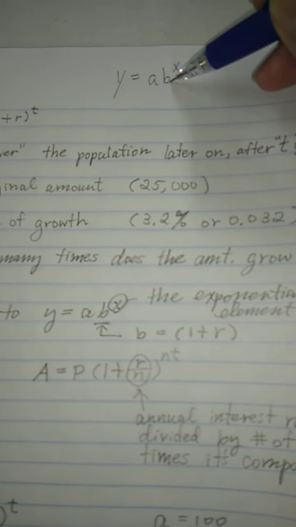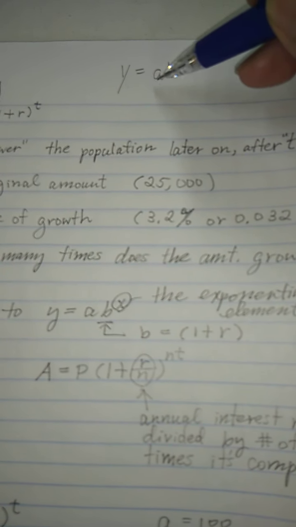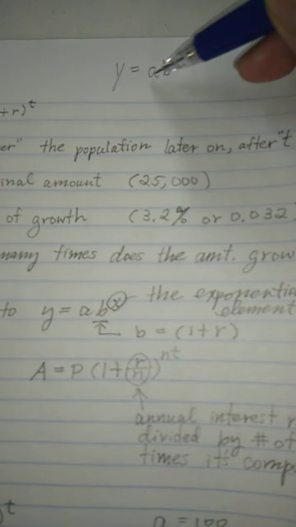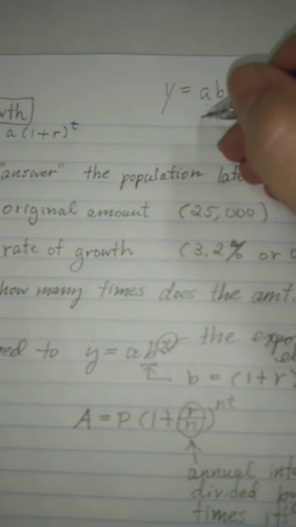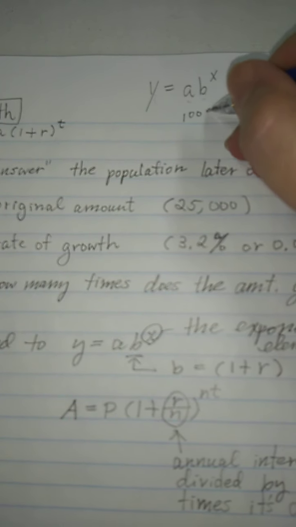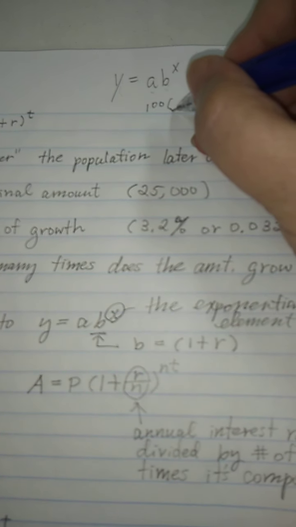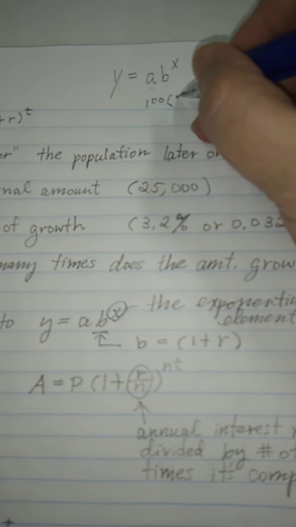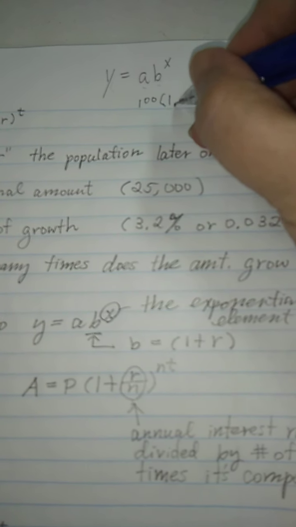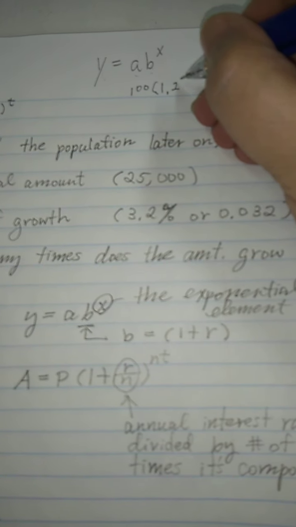If the b is greater than 1, then you're going to multiply the original amount by itself and then some more. So if the original amount was 100, and you had a growth rate of 20%, then you multiply it by itself and then plus the 20%, so it's 1.2.